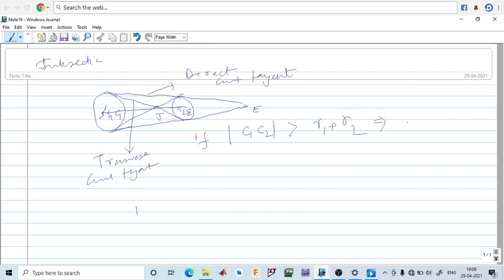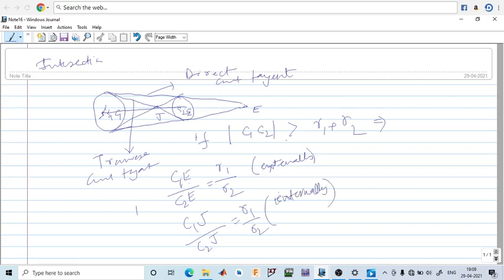One thing you must know: C1E over C2E, this ratio of the distances is the same as r1 by r2, but this is for the external point E, and for the internal point J, it is internal division, right?